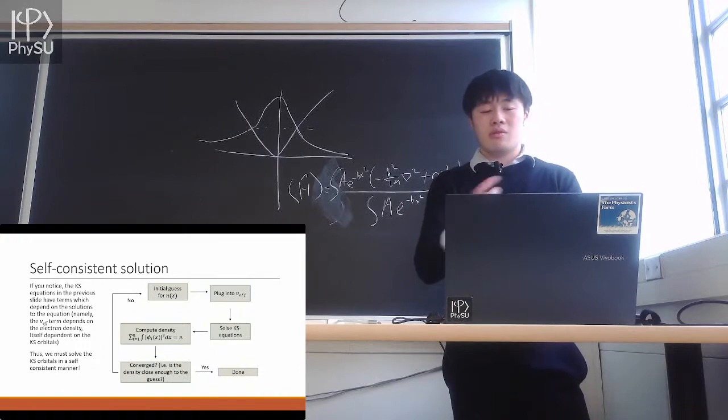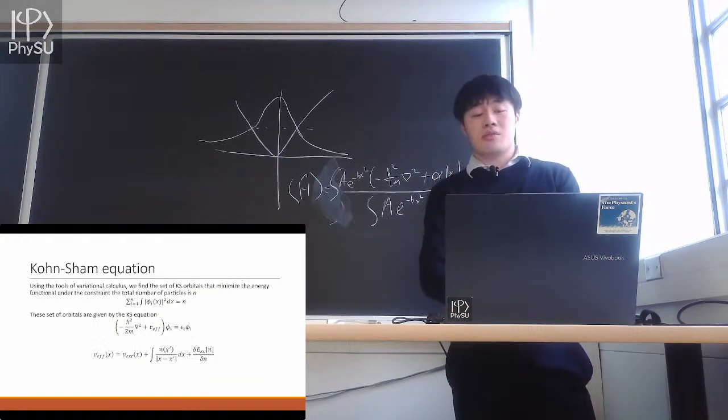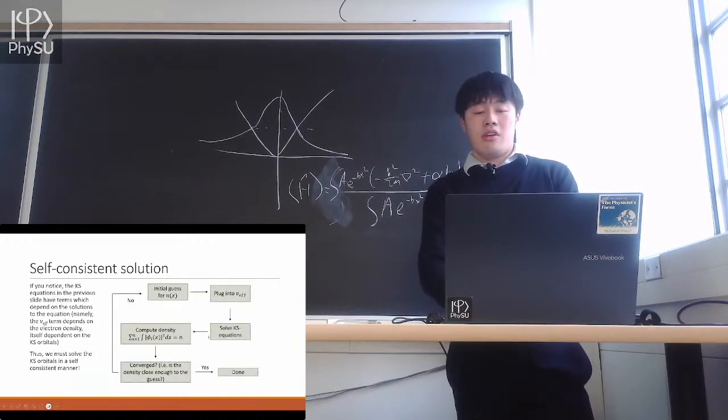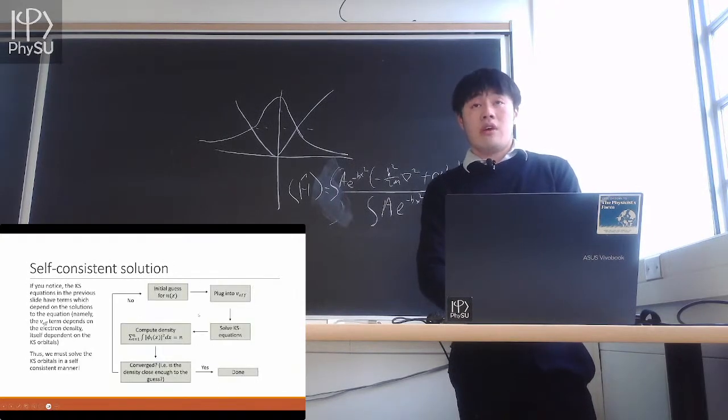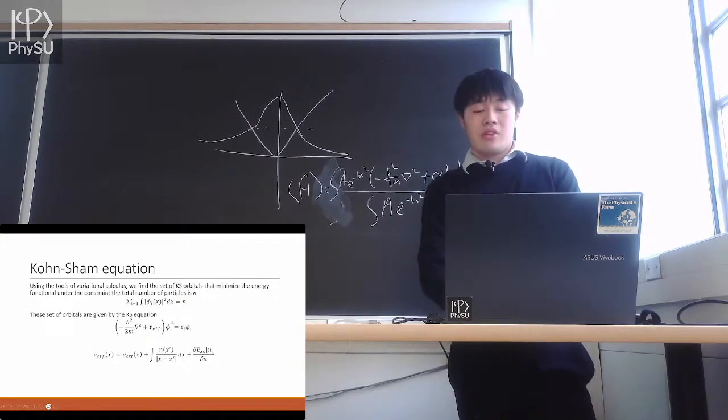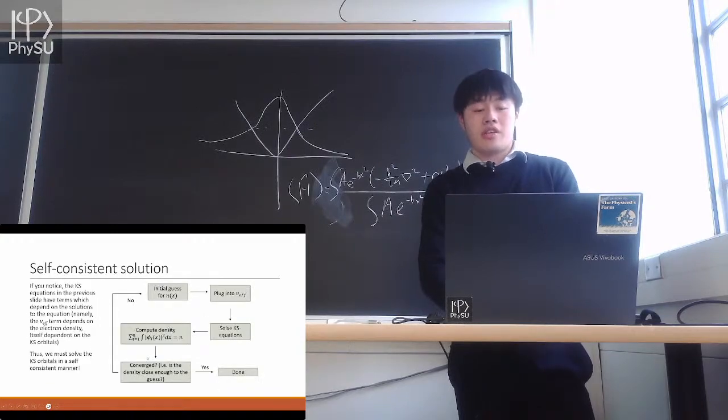But essentially you have an initial guess. This initial guess will go into the effective potential here. And now you actually have an equation that you could numerically solve, and you can solve for the solutions of this system. So now when you solve the Kohn-Sham equations and substitute the electron density into this equation, you'll get a new electron density, right?